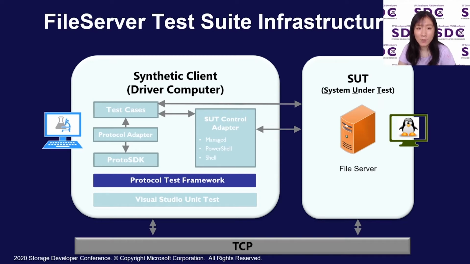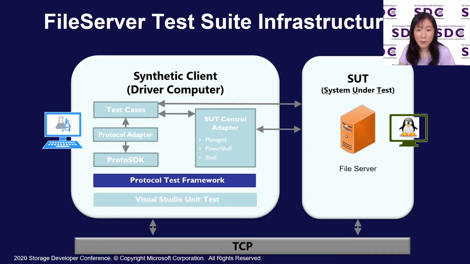Here is our FileServer Test Suite infrastructure. We have a Java computer to act as a synthetic client to test against the SUT. Our test cases are developed based on Protocol Test Framework, which is based on Visual Studio unit test. Our test cases work with Protocol Adapter, which is based on Protocol SDK and SUT Control Adapter.